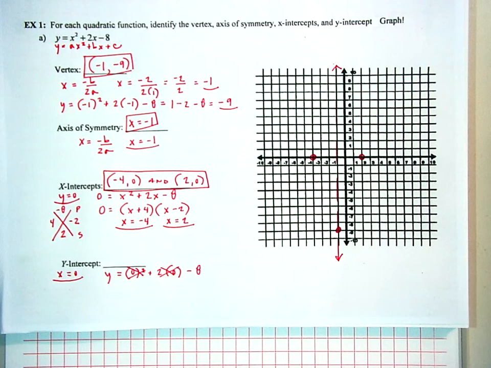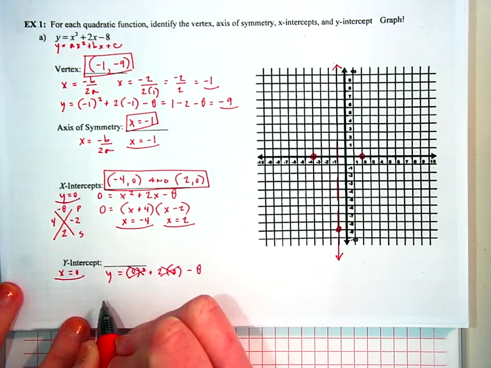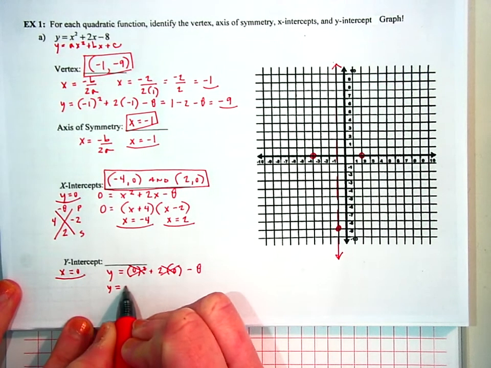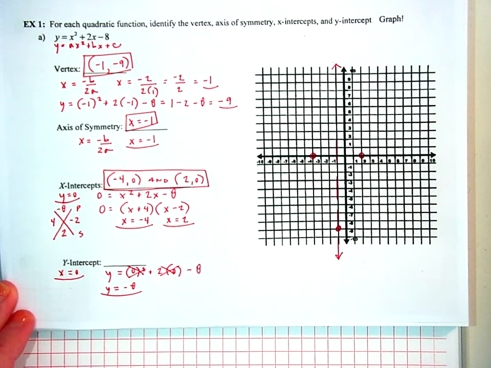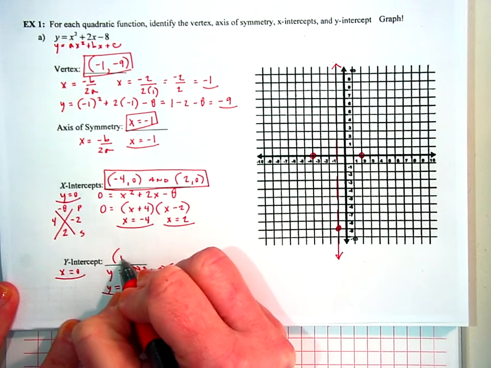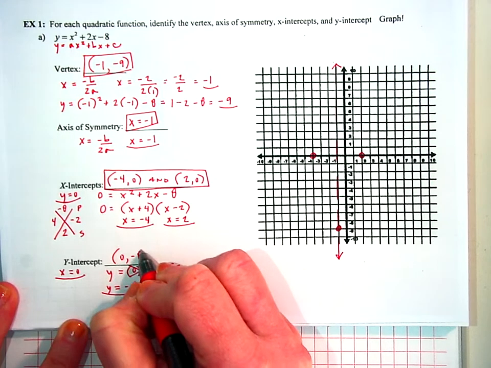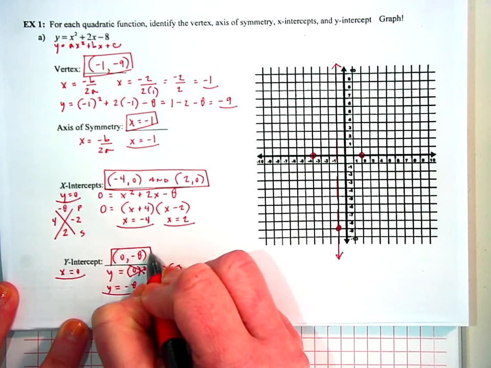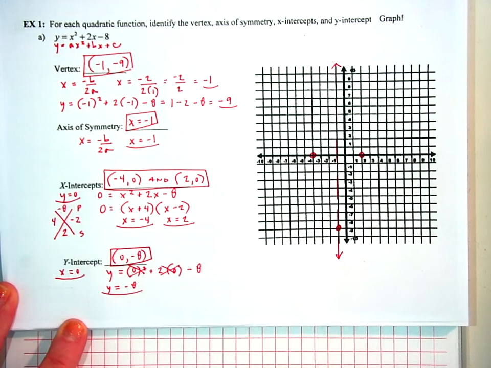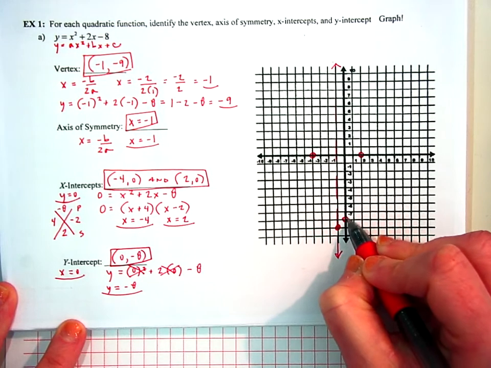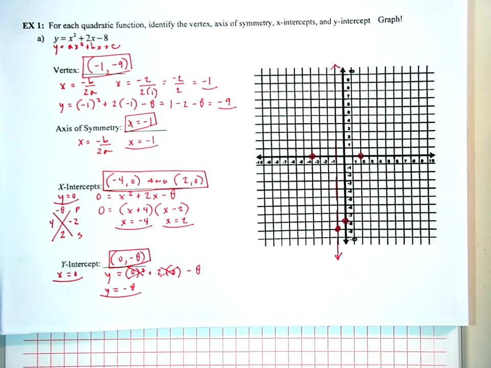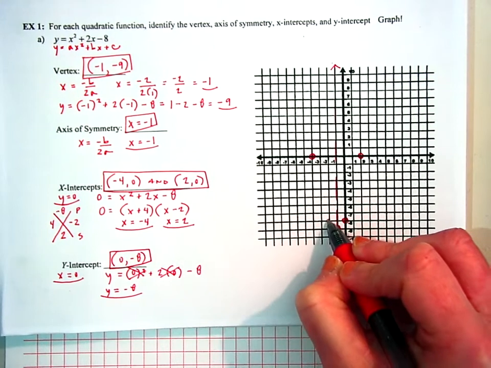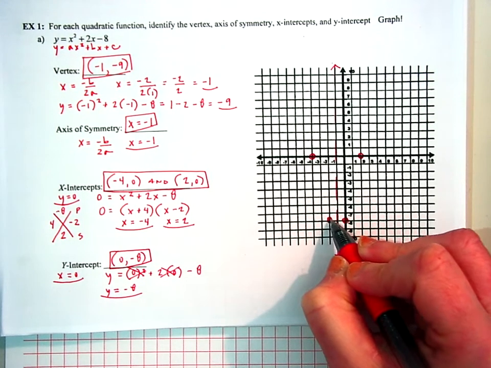So my y value is just negative 8. So again, my y-intercept is a location. It's got to be at 0, negative 8. And if I add that to my graph right here, there is my y-intercept. I usually add its reflection point right over here just to help me smooth out my curve.